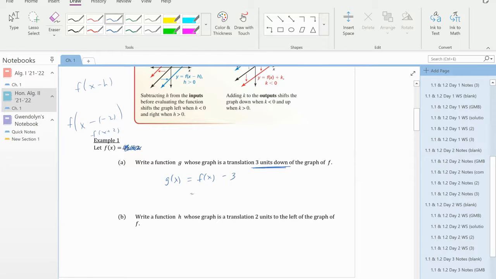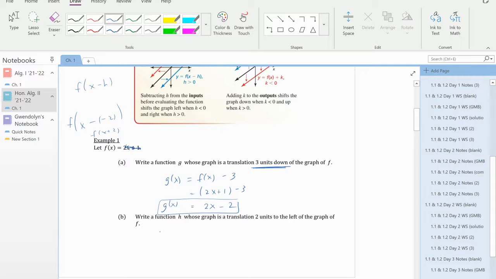Your function was 2x plus 1, so if you clean it up, you'll get y equals 2x minus 2. Same deal, it's just a linear function.